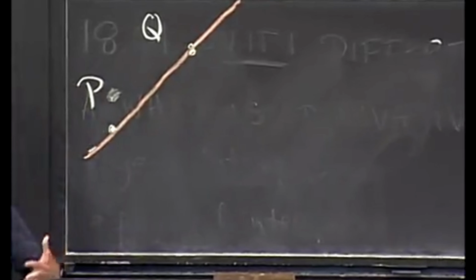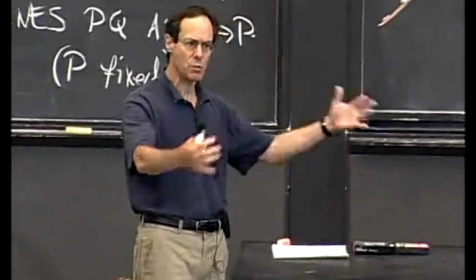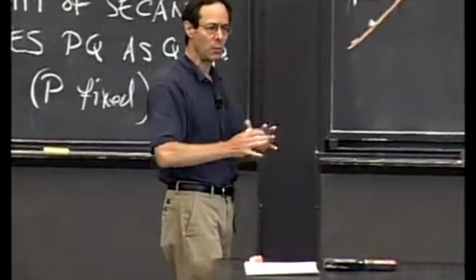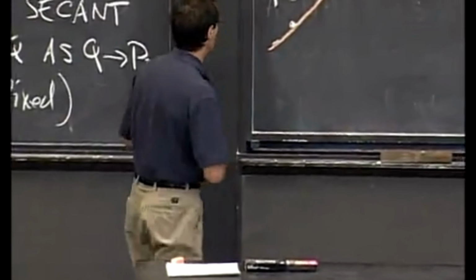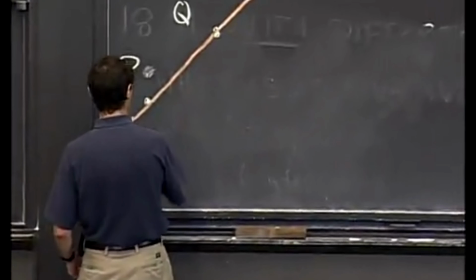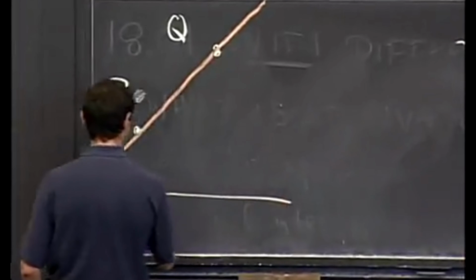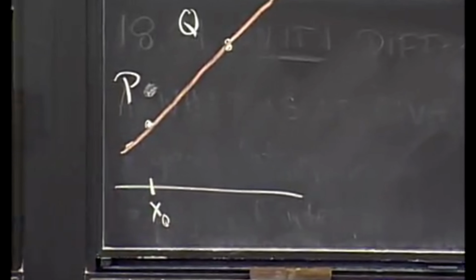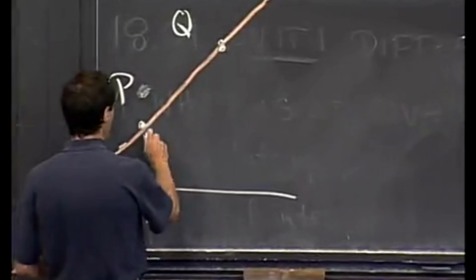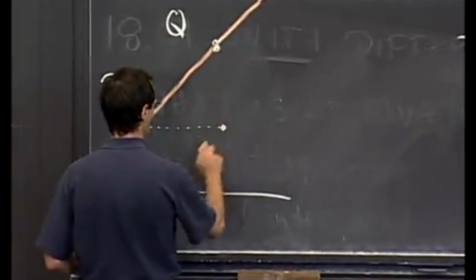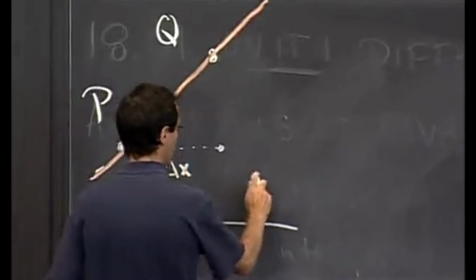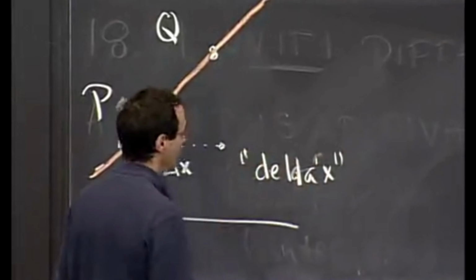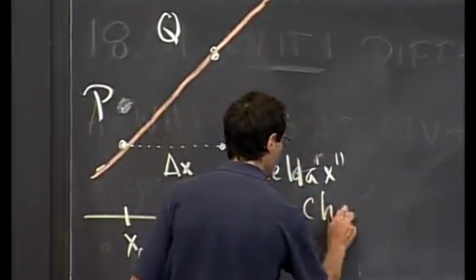We'll do this in two steps, and these steps will introduce us to the basic notations which are used throughout calculus, including multivariable calculus, across the board. So the first notation is, you imagine here's the x-axis underneath, and here's the x0, the location directly below the point P. And we're traveling here a horizontal distance, which is denoted by delta x. So that's delta x, so-called. We could also call it the change in x.